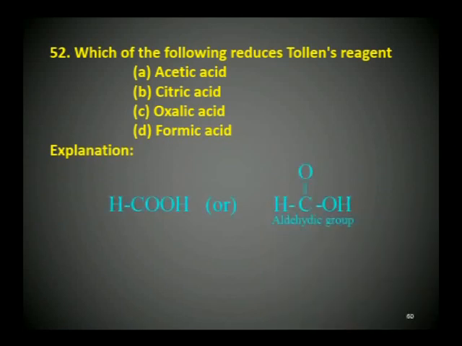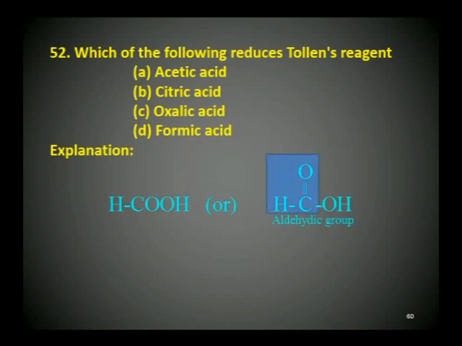Now, if you see the 4 options, the correct option is formic acid, HCOOH. When we write the structure of formic acid, you can clearly see H-C=O can be written here.